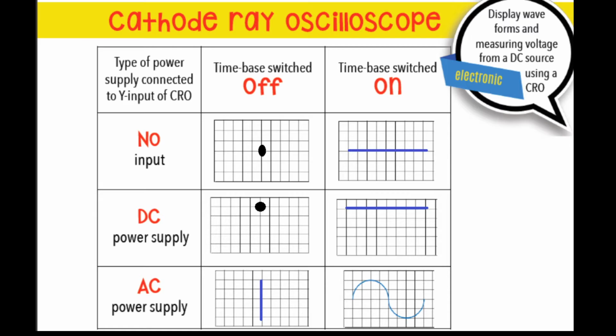Okay, now I put DC, direct current. Now can you see the spot goes up? Going up means you have a reading, but this one is time base off. When I say time base on, that means now you can read the horizontal line. The horizontal line follows the position of the point. If I say I'm using AC, AC means alternating current. So what does alternating current mean?